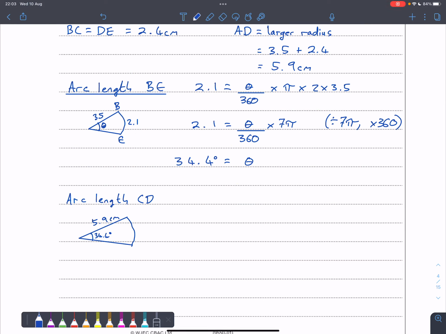So the arc length CD, that's my C, that's my D, equals theta, the 34.4 that I had from before, over 360, times pi, multiplied by the diameter. Don't forget that's going to be 2 lots of this 5.9.